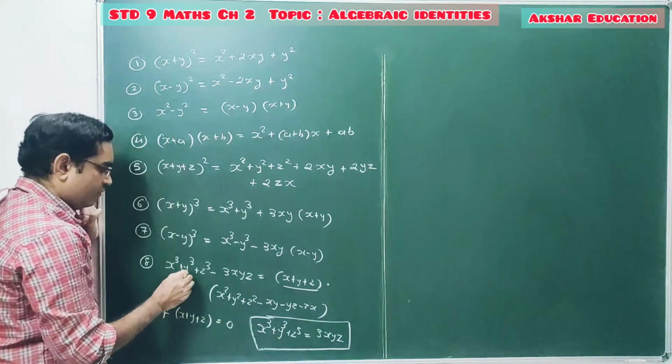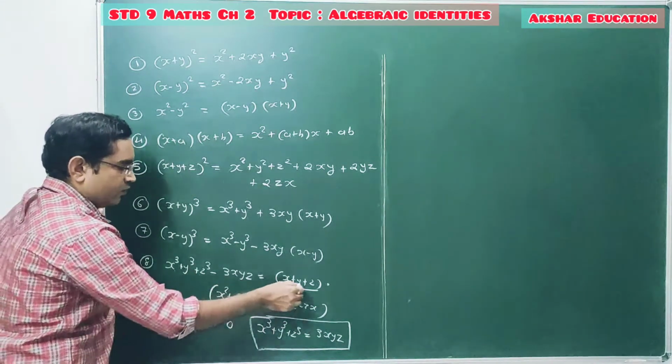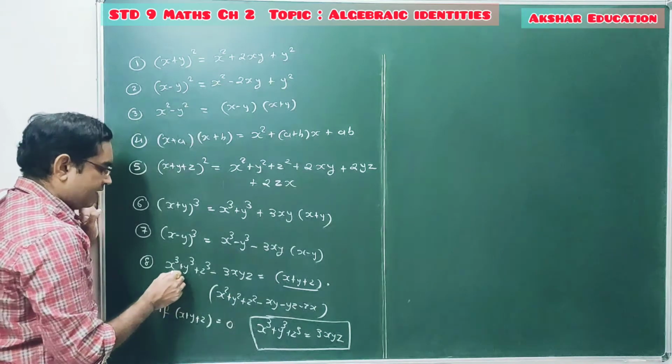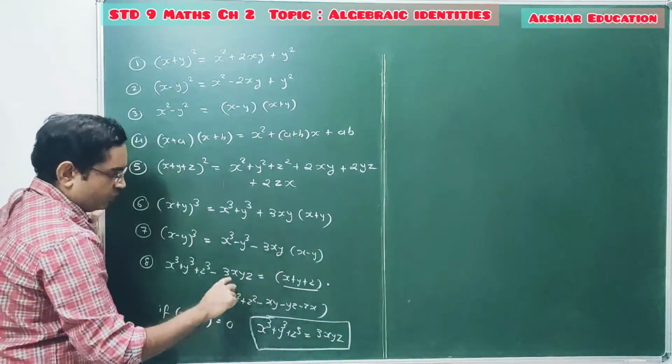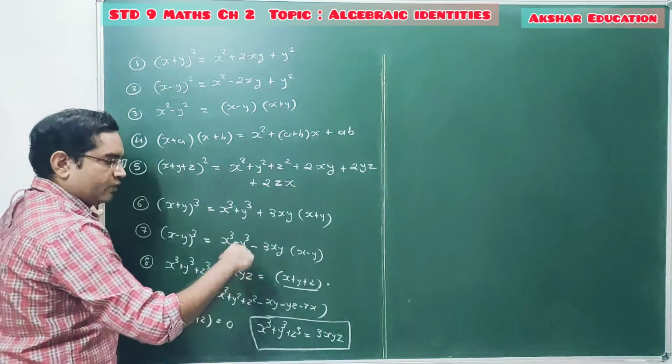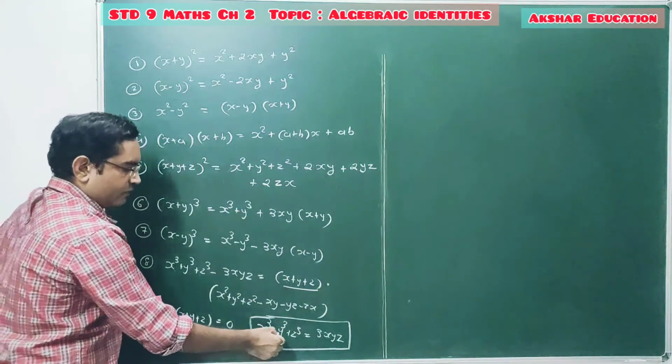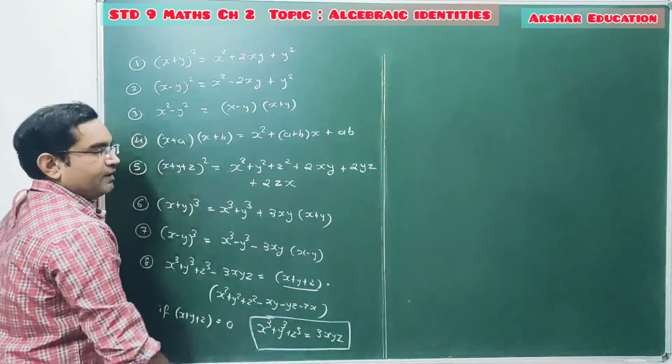So we can write x cube plus y cube plus z cube minus 3xyz equal to 0, and therefore our identity is x cube plus y cube plus z cube equal to 3xyz, as the minus 3xyz goes to the right hand side.